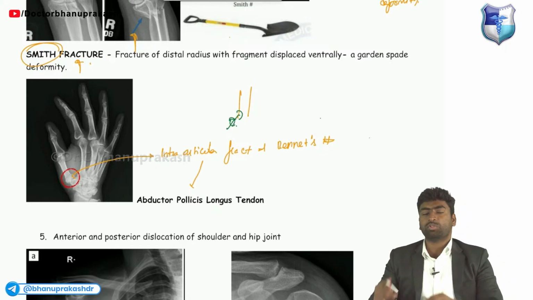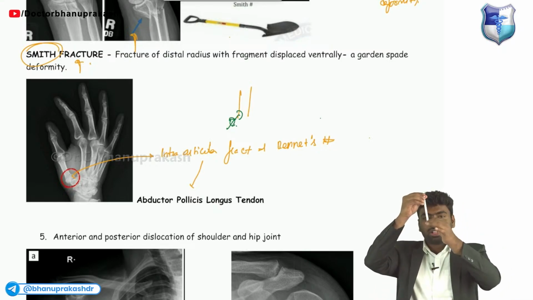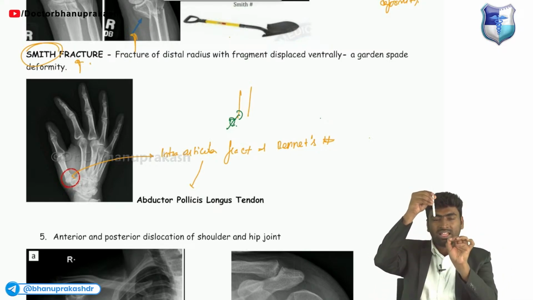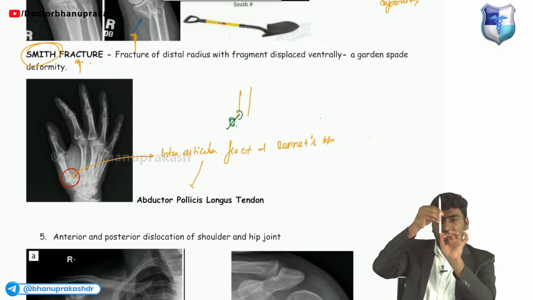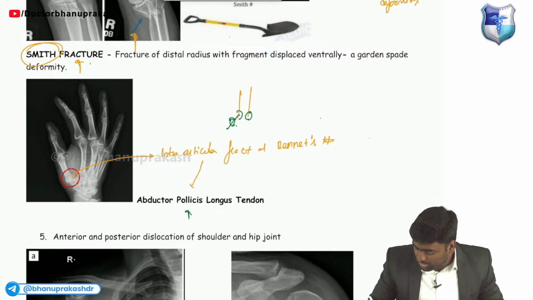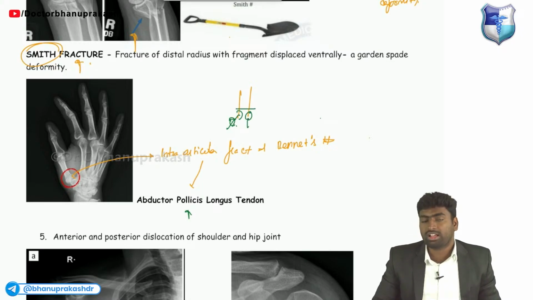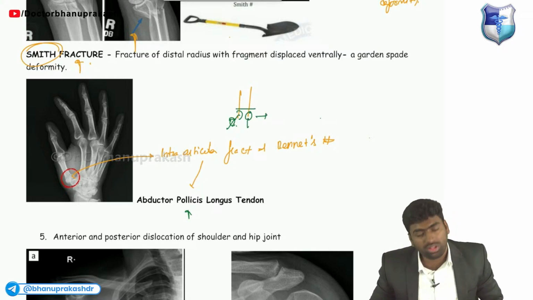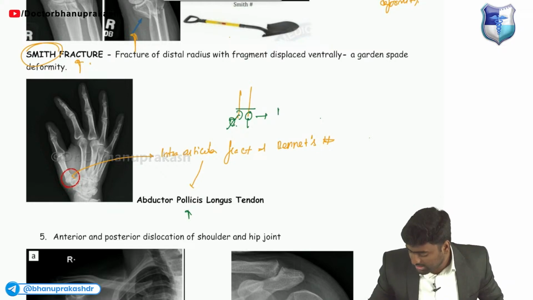See, usually this will be like this and there will be a fragment. So usually if only one part, then it will get dislocated, क्योंकि because of this tendon pull of abductor pollicis. अगर दोनों side है तो it won't dislocate. So if it is a fracture of two segments, it is the Rolando fracture.